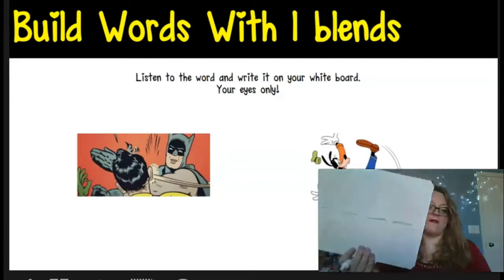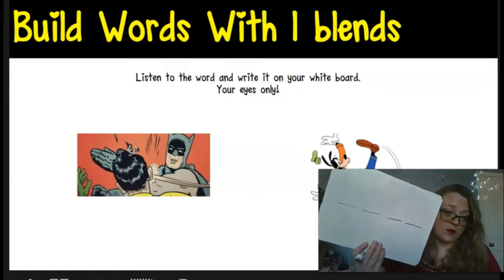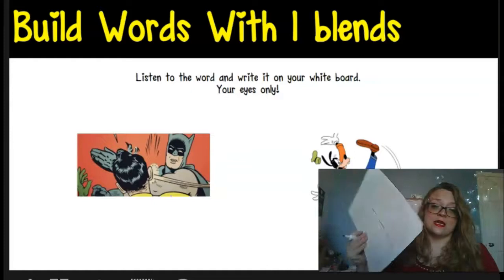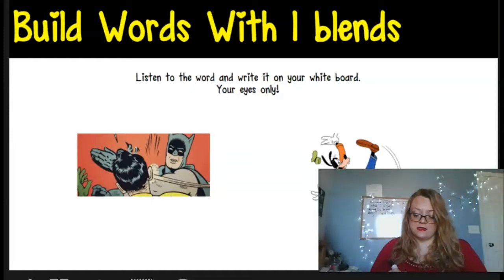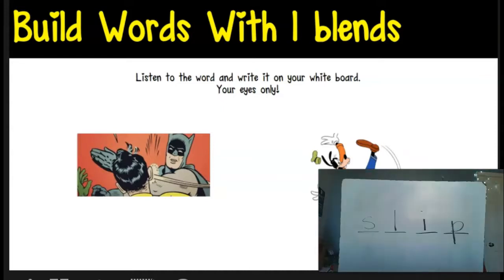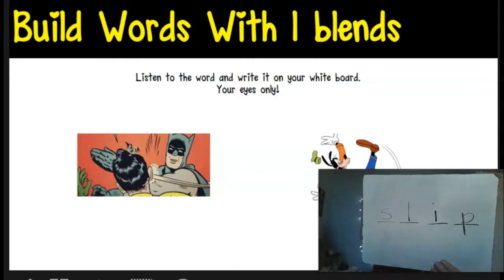So you should have 4 boxes because there's 4 sounds, right? Now let's write our sounds on there. S, L, I, P. I have 4 letters and 4 sounds.